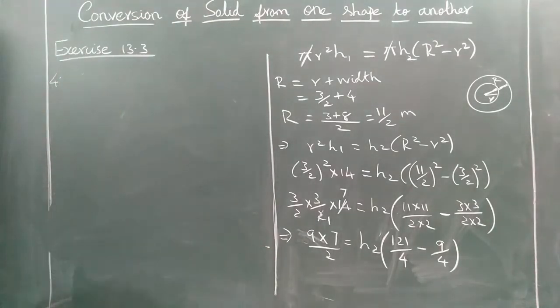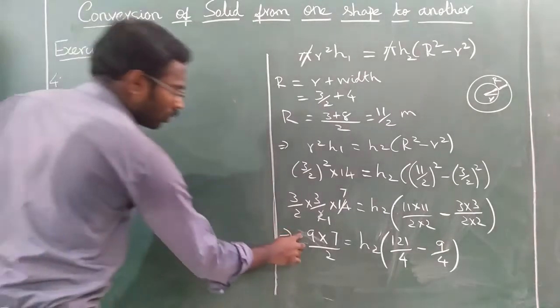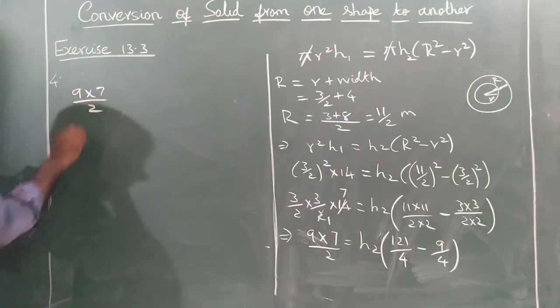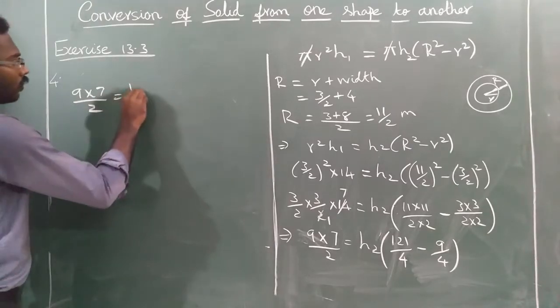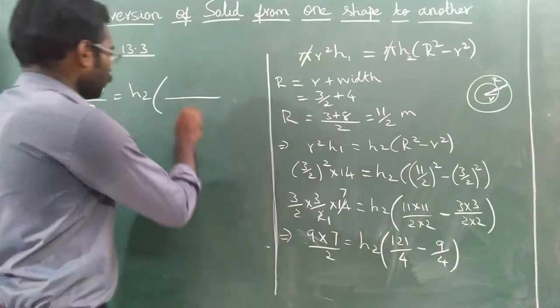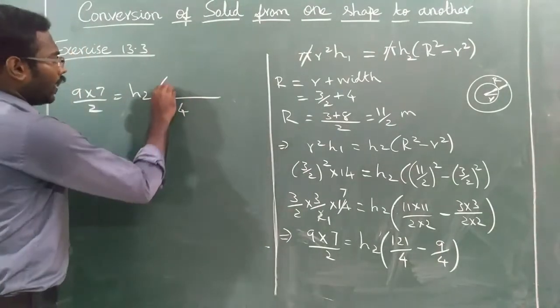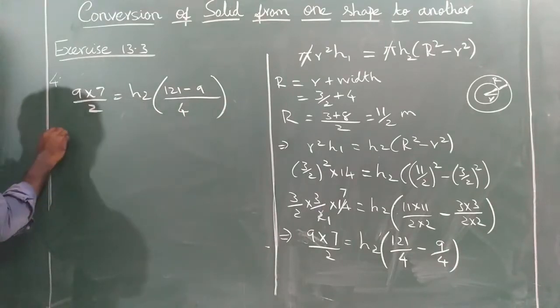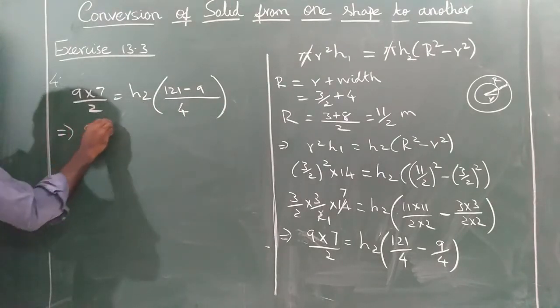So 9 into 7 divided by 2 equal to h2 into, you can take the common LCM 4, 121 minus 9 divided by 4. That is equal to 9 into 7 by 2.